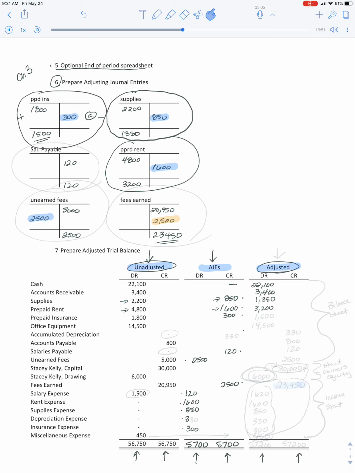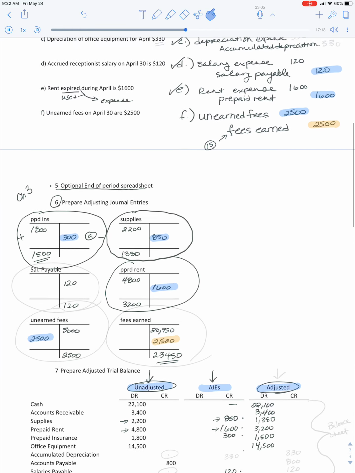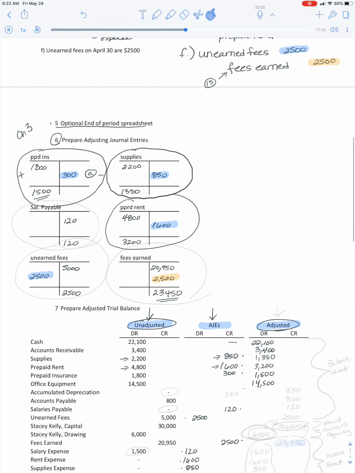We didn't do anything to office equipment, but we did record some depreciation, accumulated depreciation. So that is, I think I put $1,350 and it should be $1,330. So let me fix that.